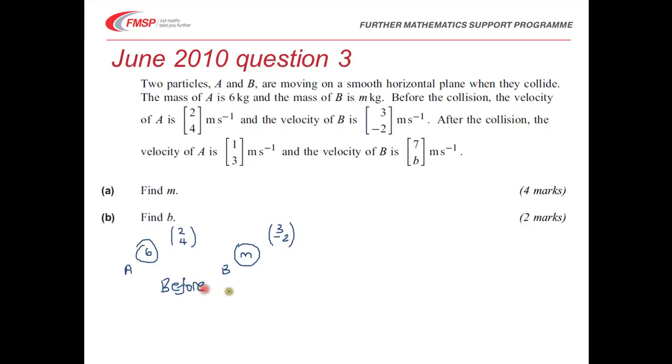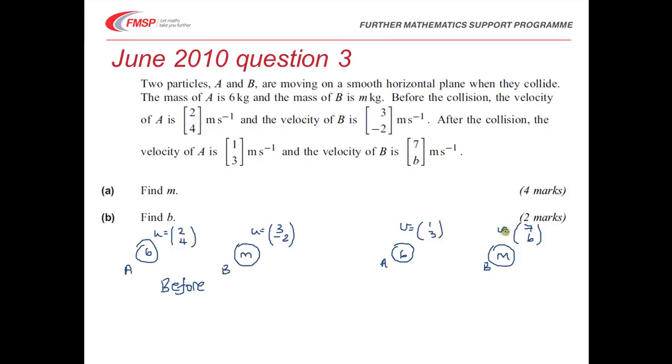Then they collide, and A, again with mass 6, will have a velocity of (1, 3), and B, which again has mass m, has velocity (7, b). We don't know what the y component is, so we're letting that be b. So this was the initial velocity, and then these were the final velocities after the collision.